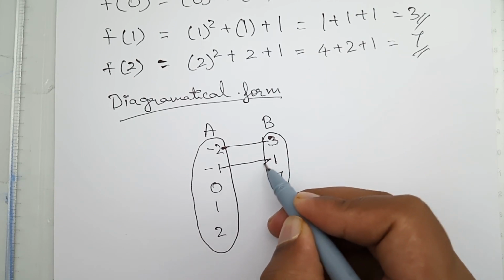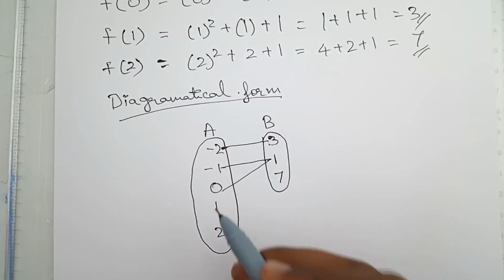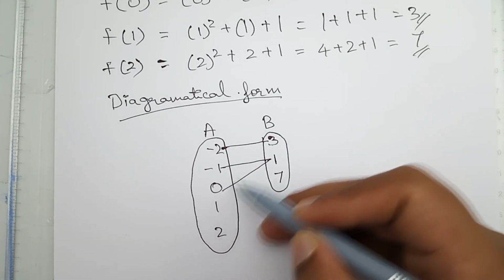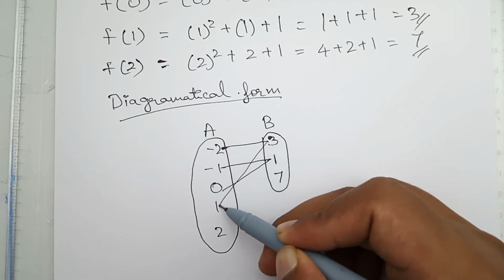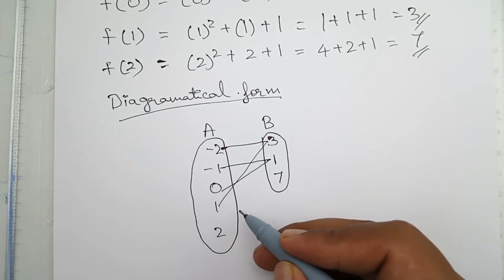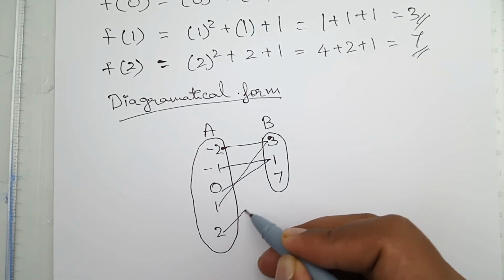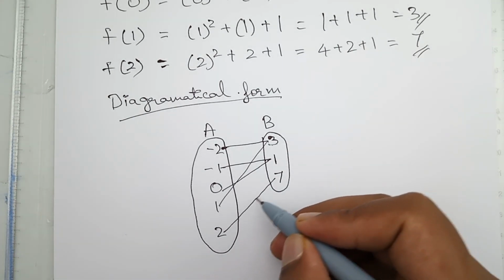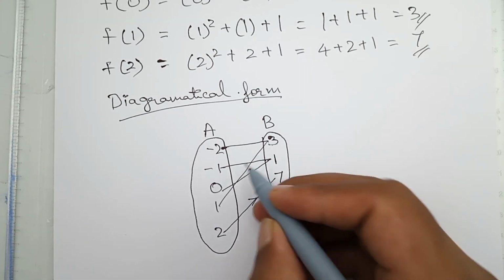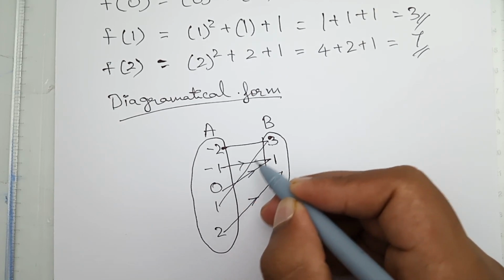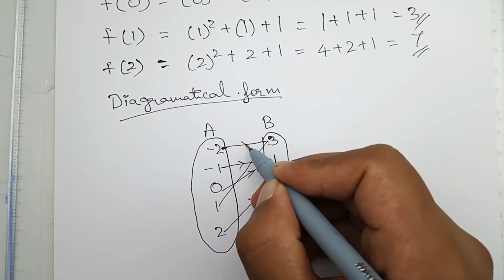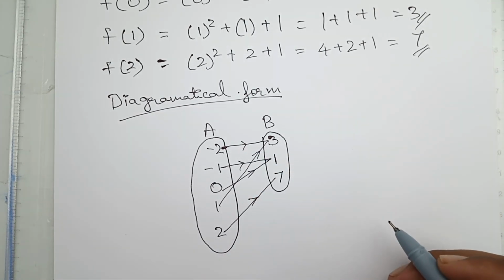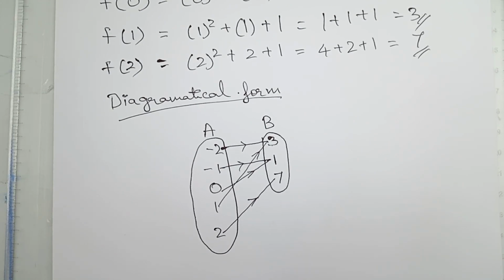For 1 it is 3. And for 2 it is 7. So we should put arrow marks like this. For this diagrammatical form, arrow marks and the lines which represent the images are important.